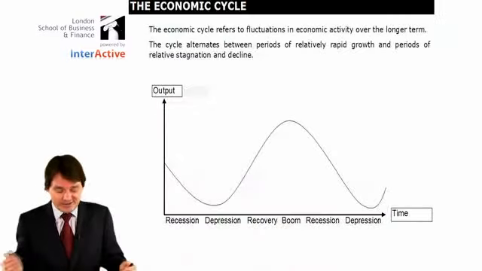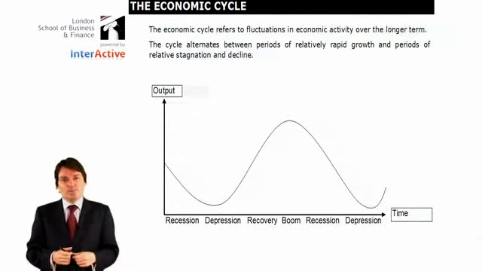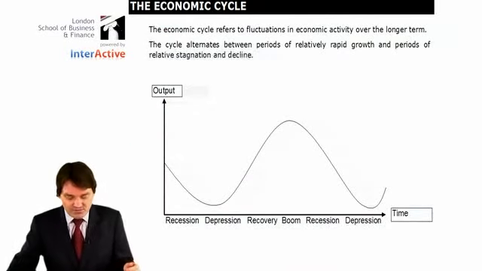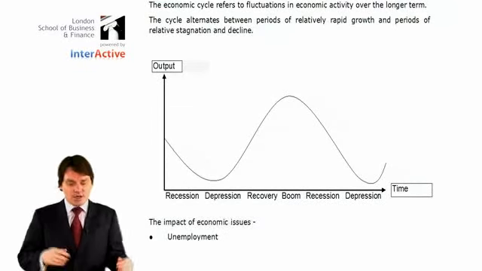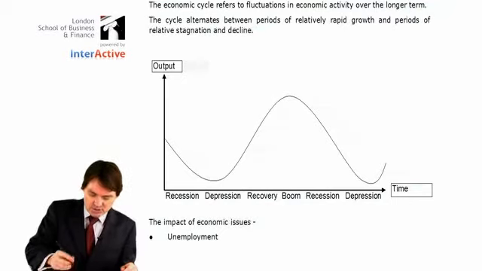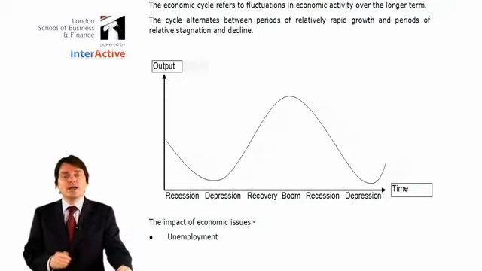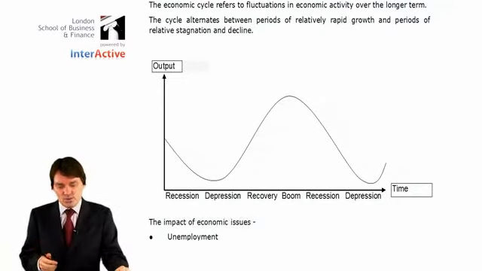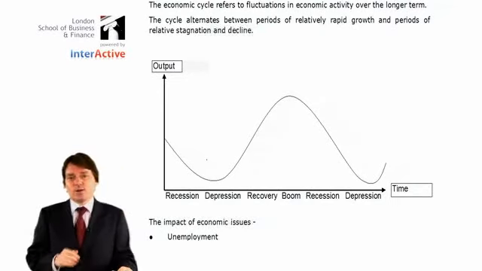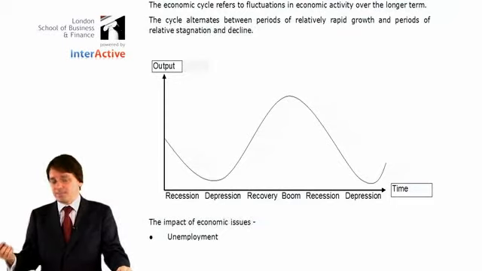Final thing we've got in this chapter, did tell you there wasn't a lot in it, the economic cycle. For some reason, the economy tends to go through times that are good and times that are bad. And to a certain extent, all governments can try and do is smooth this out a little bit. They can't really prevent it from happening.